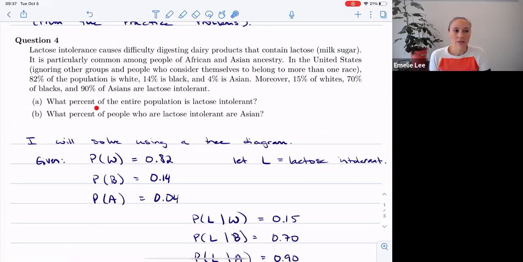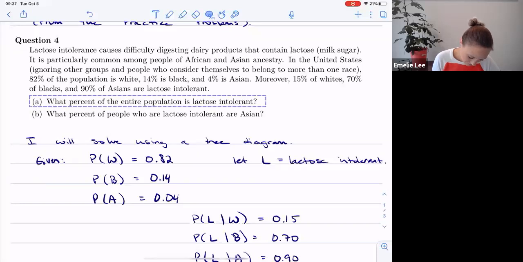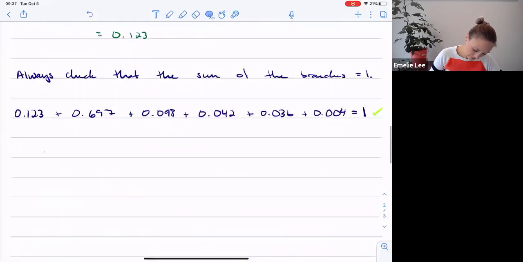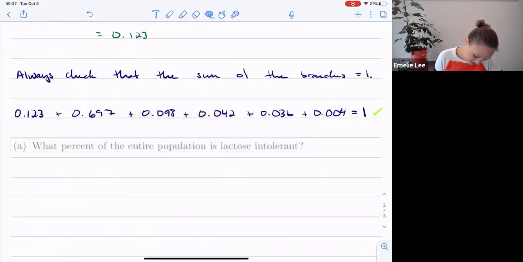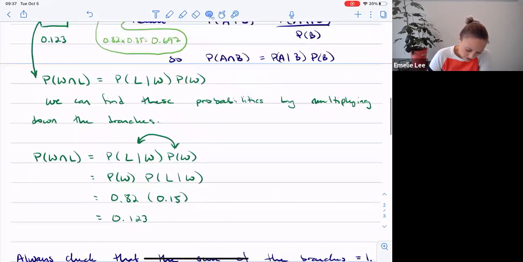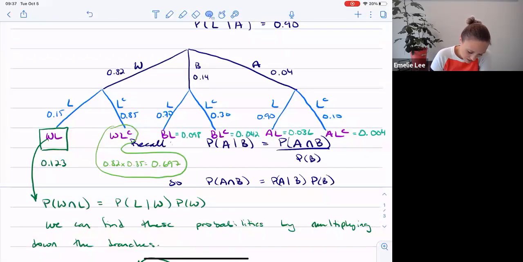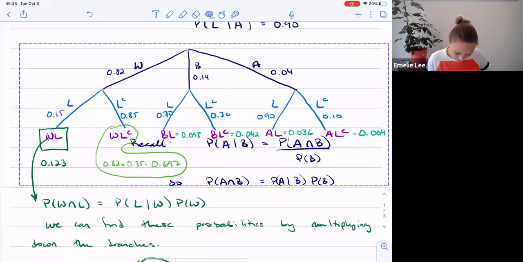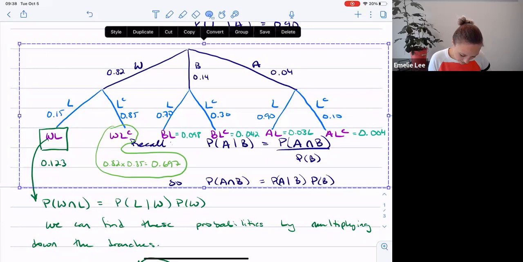What percent of the entire population is lactose intolerant? So I'm just going to sneak this here. I'll bring it down here because now we're ready to answer this question. So what we'll see if we go up to our branches, and because of technology, I'm going to copy this.